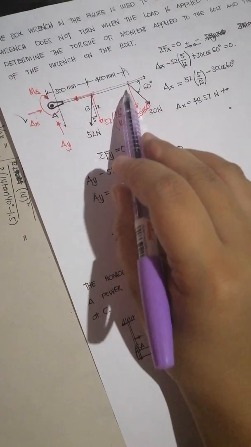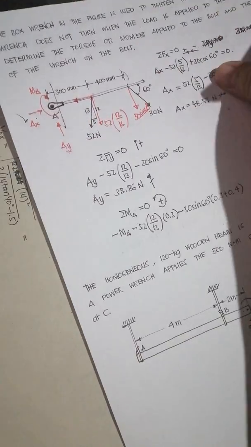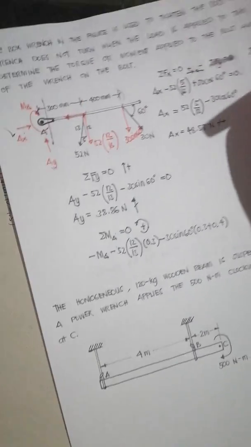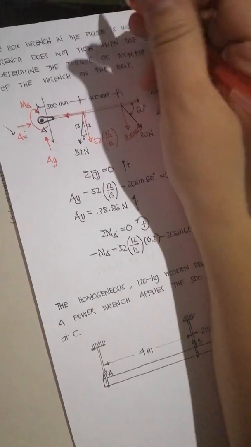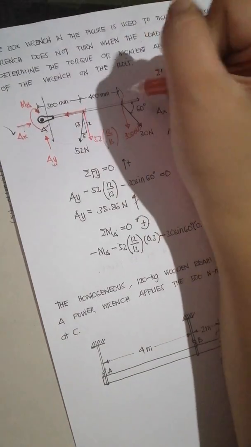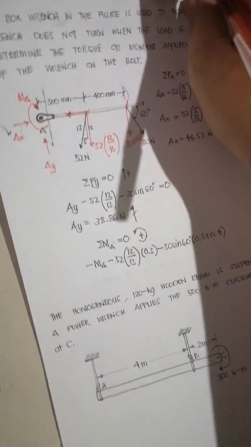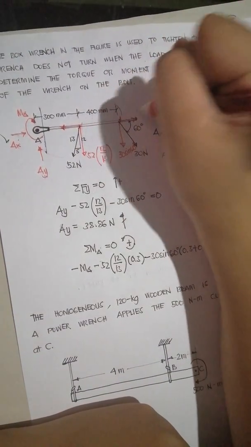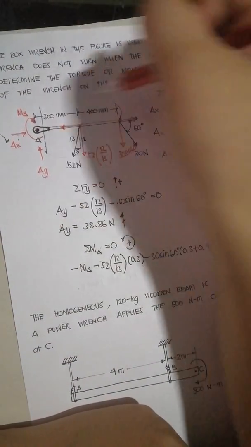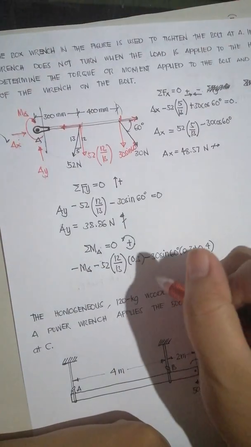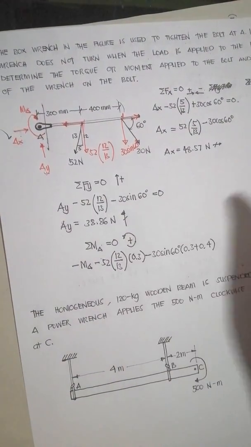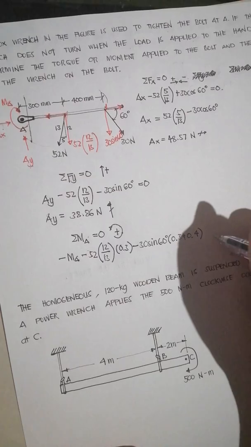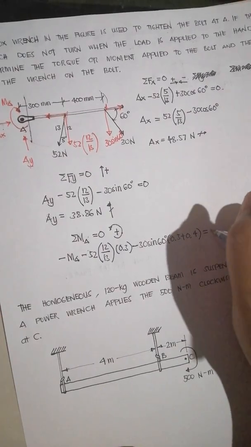This is the total distance about A. Its horizontal component does not have moment about A, so it will not be part of the equation. So this is now equal to 0.